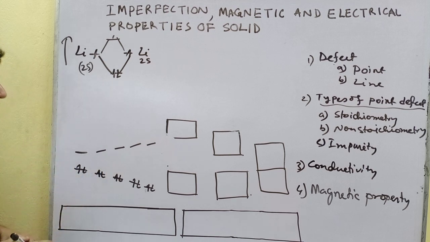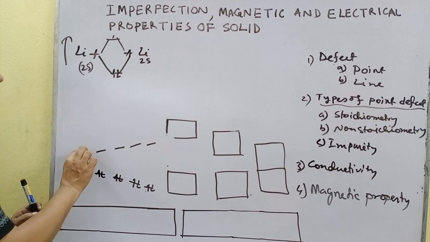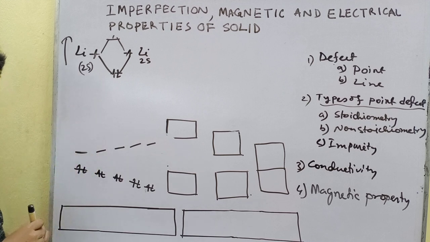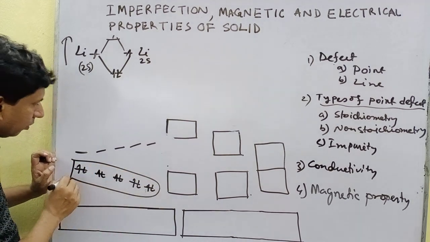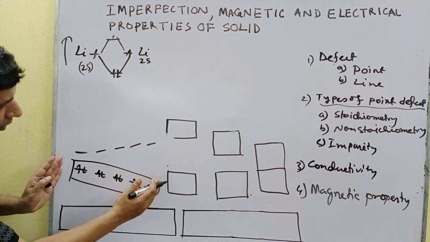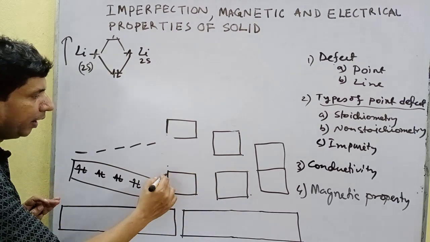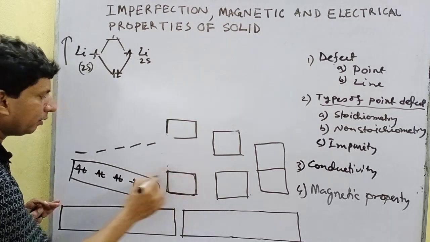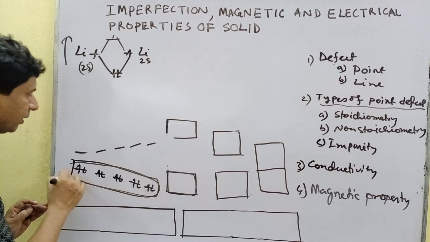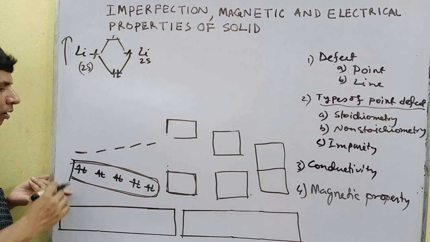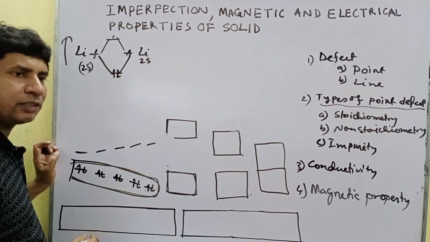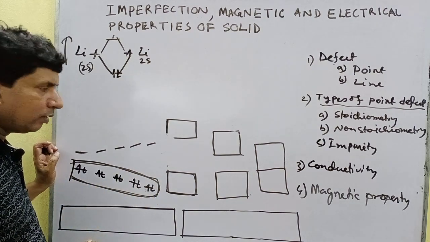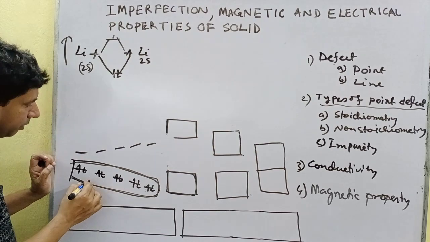So between the bonding orbitals and antibonding orbitals, there is an energy gap. So these bonding orbitals we can consider as a band. Okay, this is a band. This whole bonding orbital is known as the valence band.